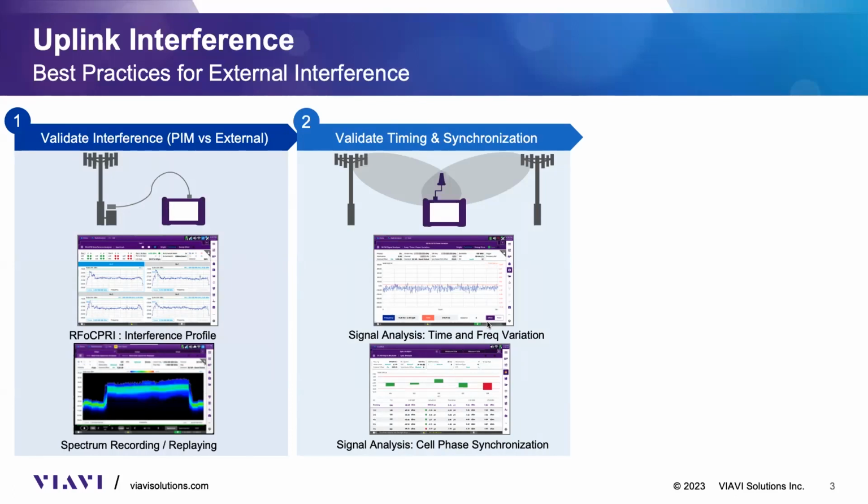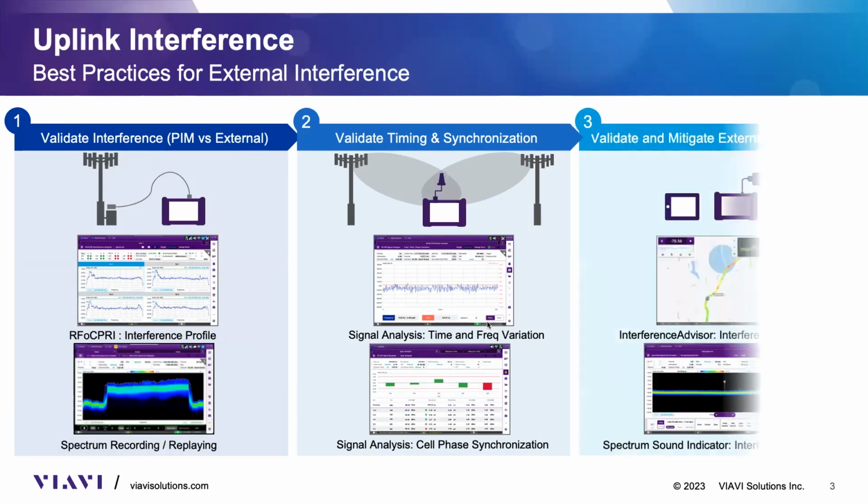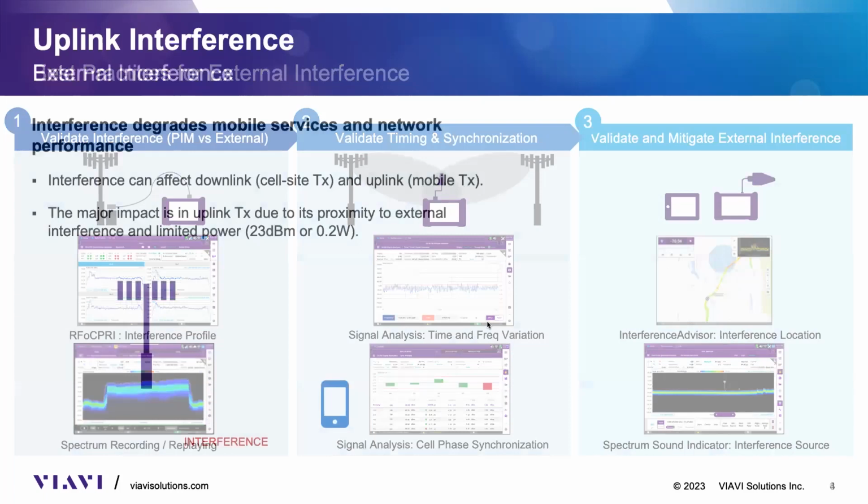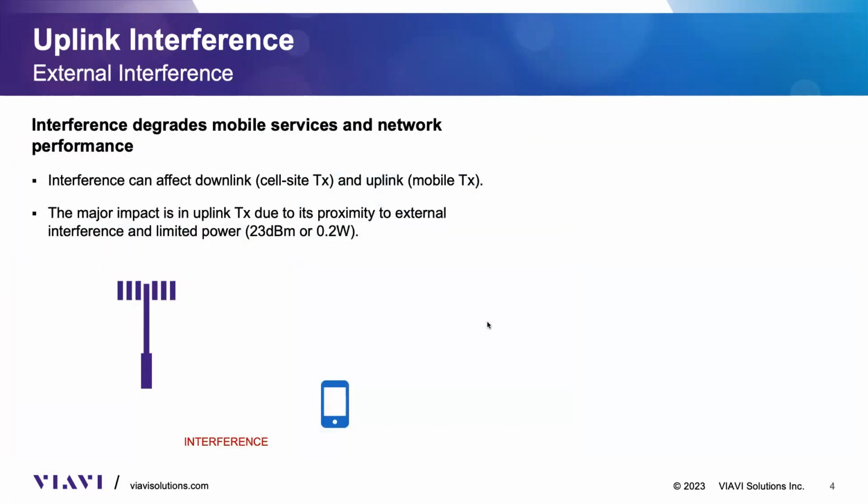We covered the best way to analyze the sync and timing of a cell site. Today's session is the final one, which covers how we can validate and mitigate external interferences.